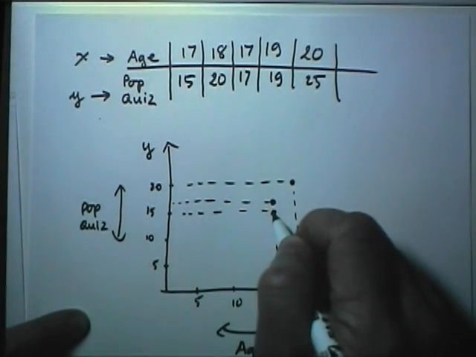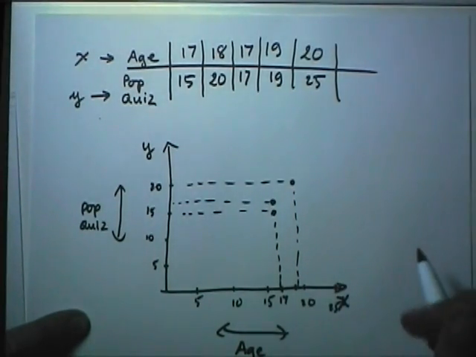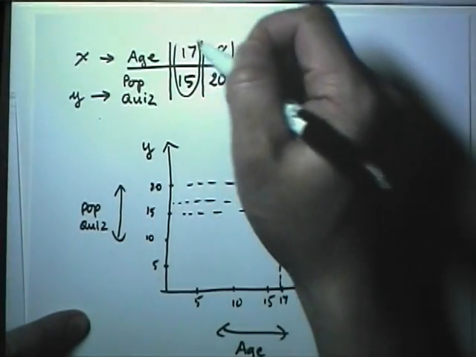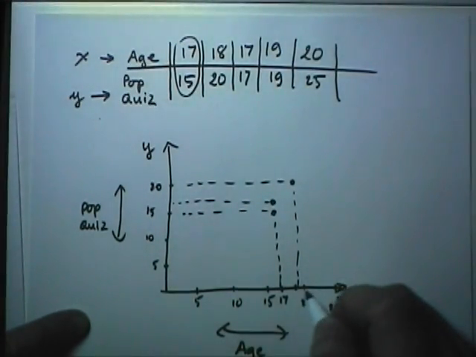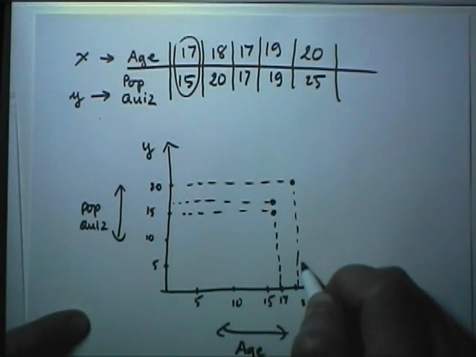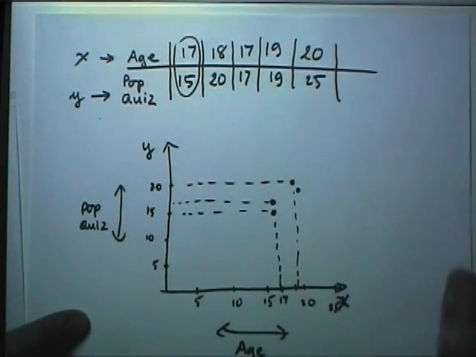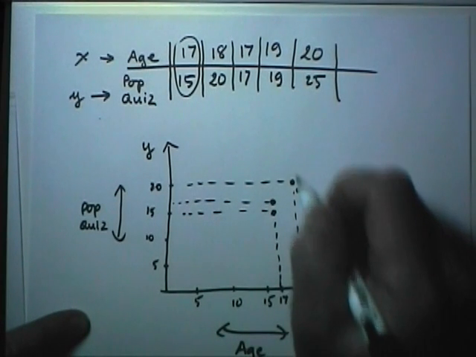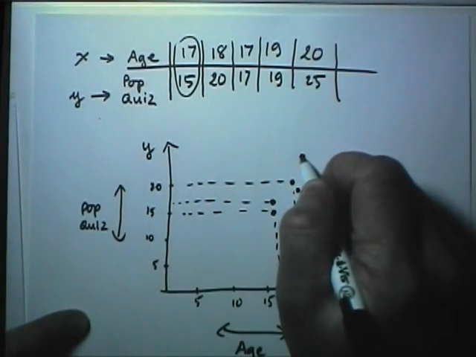So this is the way we plot the two data sets together. Each pair, we plot as a point on the graph. And then when you have 19, you would have a point about here. And when you're reaching 20, your age is 20, then your pop quiz score is about 25.